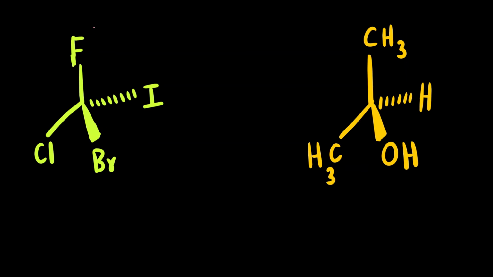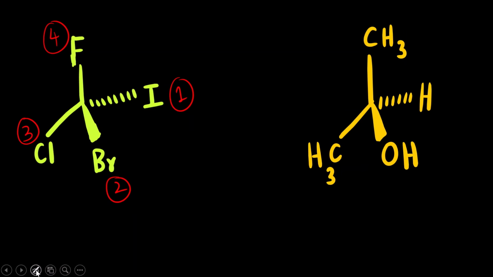Assign priority to the groups. Sorry, the highest atomic number is iodine, then bromine, chlorine, and fluorine. So what we are going to do? We are going to do two changes, even changes.